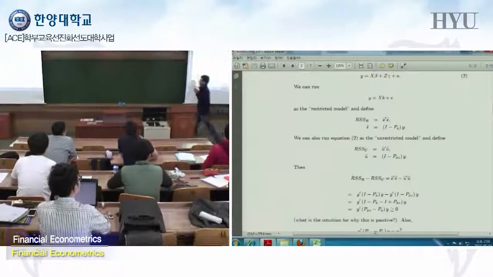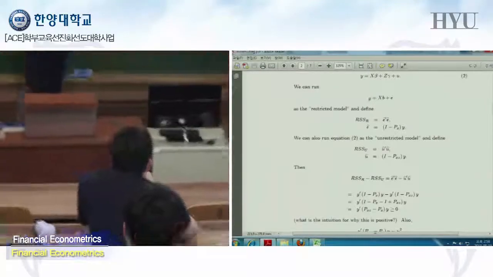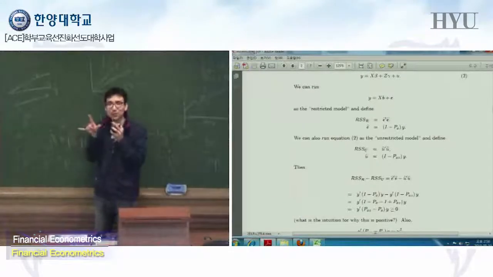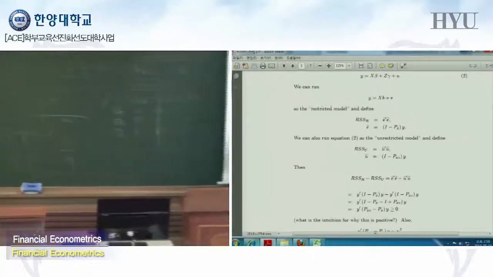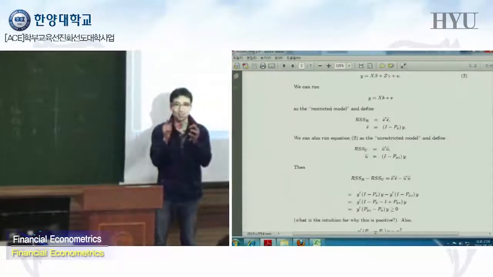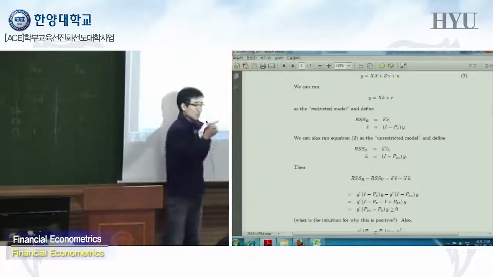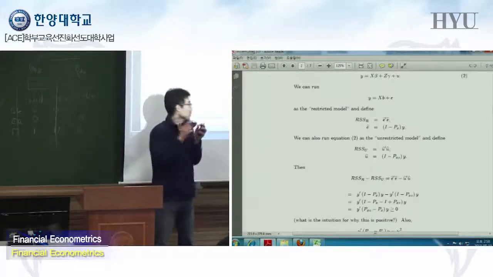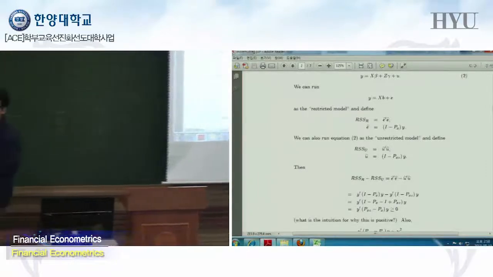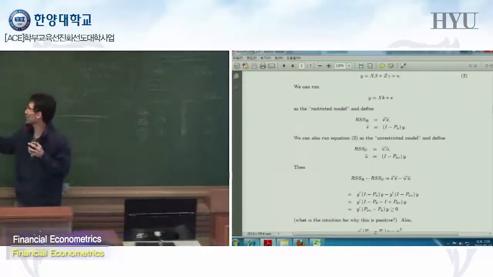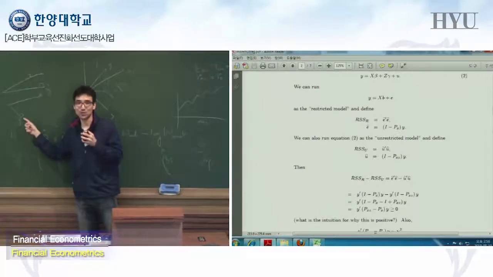So basically it is the square of this one. In this case, we regress y on the space x and z. In this case, we regress y on the space x. So space xz is larger. So we do the regression on the larger set. So in the first case, this one should be longer than this one. Right?